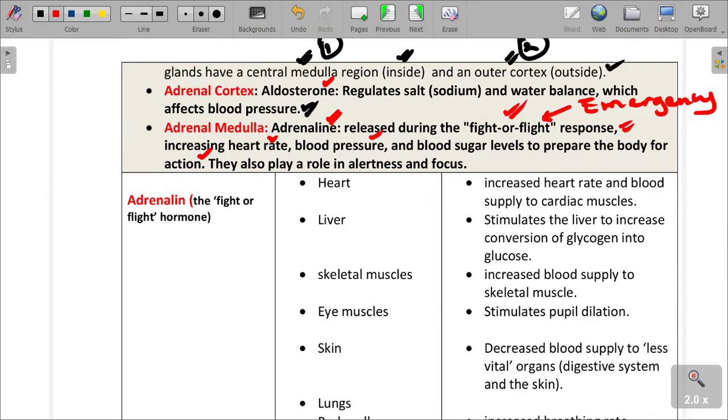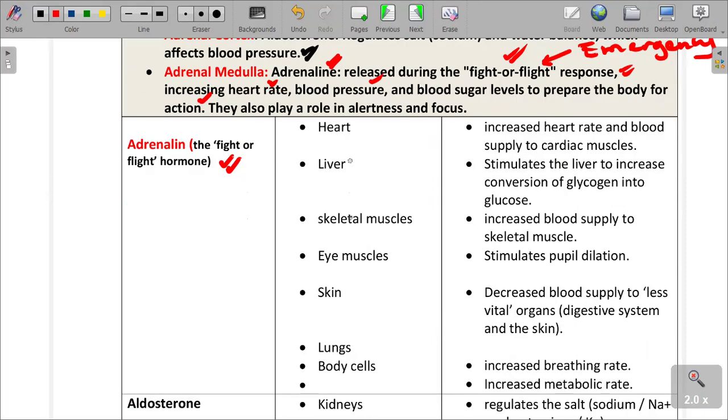So here I've identified that the adrenaline hormone targets various parts. These are the various body parts that are targeted by the adrenaline. One, it targets the heart. When it targets the heart, it increases the heart rate and blood supply to the cardiac muscles.